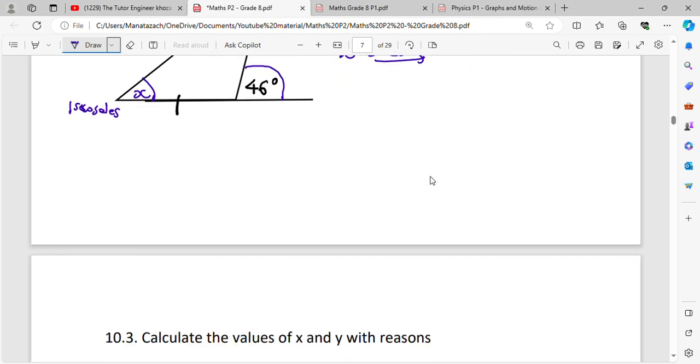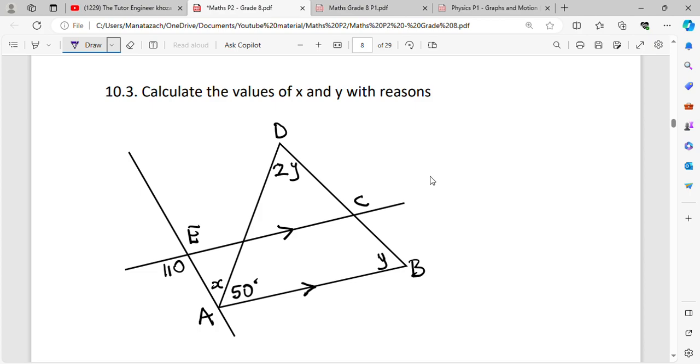Okay, let's go over to the last question for today. Calculate the values of x and y with reasons. Okay, let's look at the value of x. You can see that since EC is parallel to AB, this angle, all of it, is equal to 110. The reason is alternating angles.